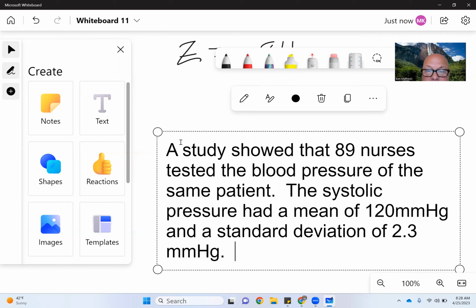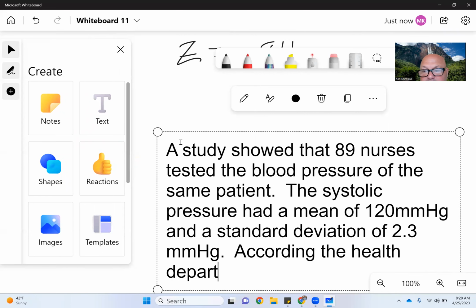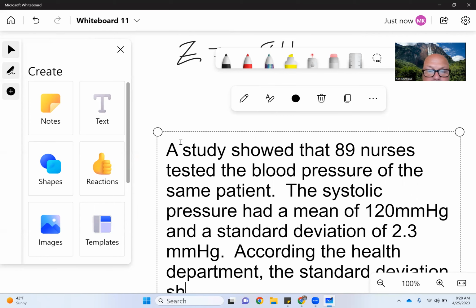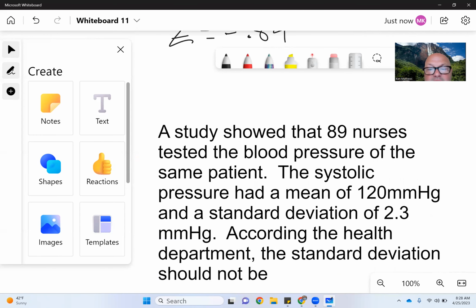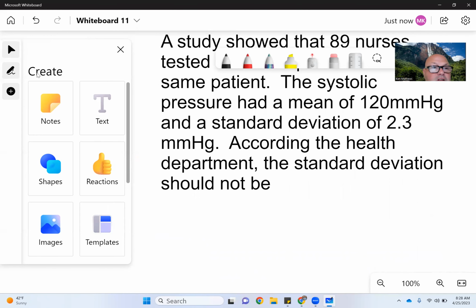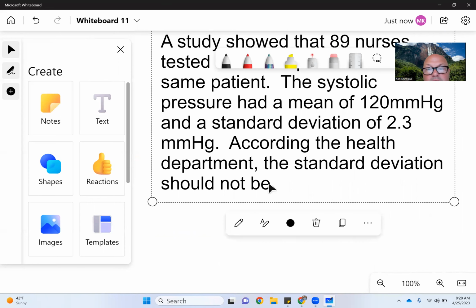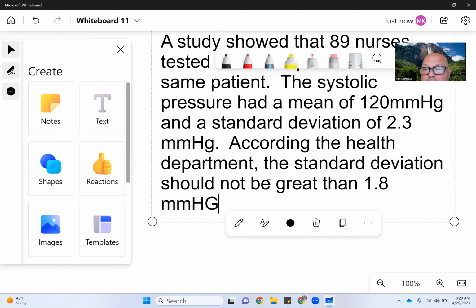So, according to the health department, the standard deviation should not be greater than 1.8 millimeters of mercury.